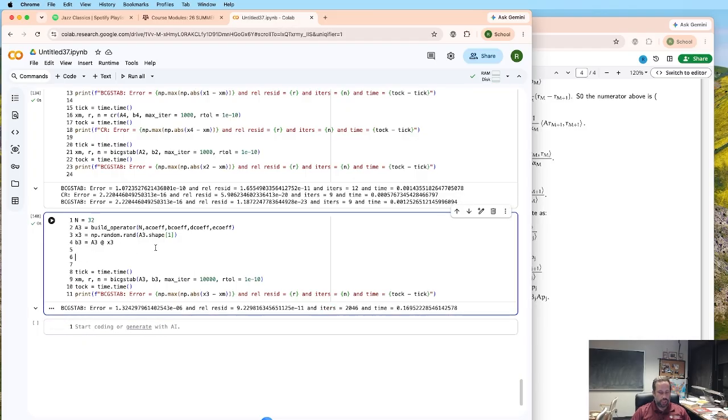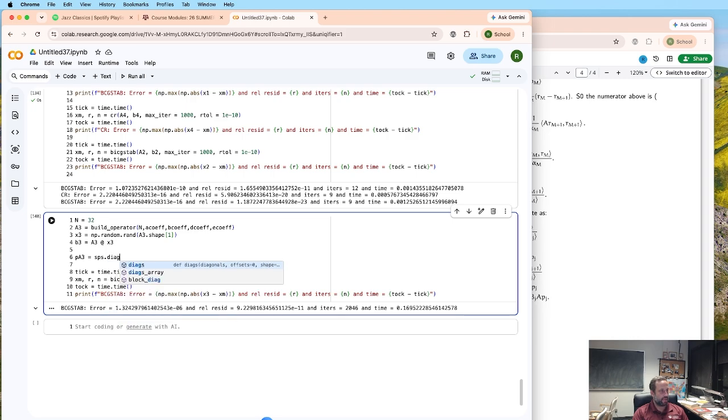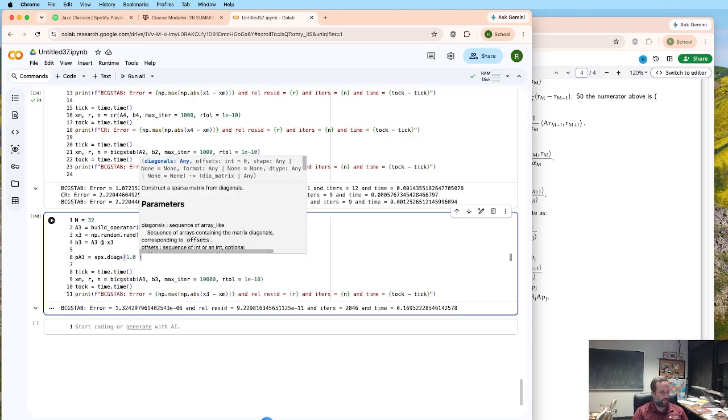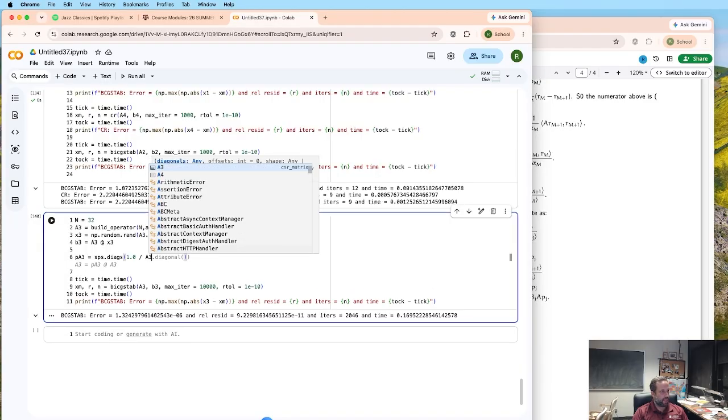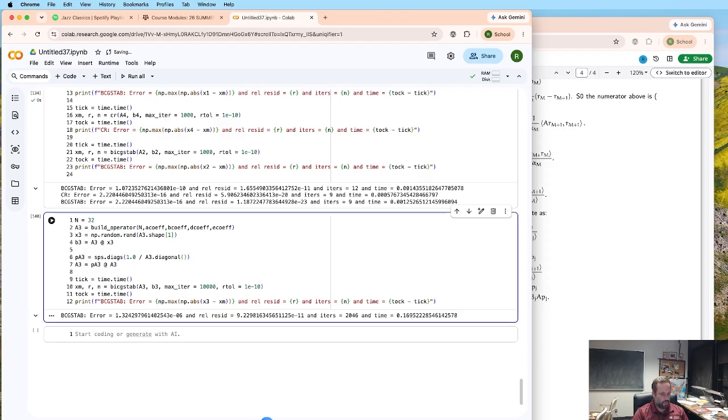Anyways, so I'm going to do a preconditioned system here. I'm going to say PA3 is going to be sps.diags of 1.0 divided by A3.diagonal, and we want to multiply this by A3.